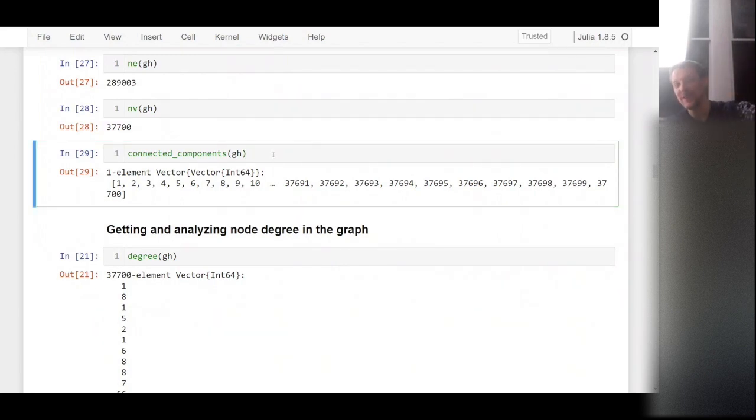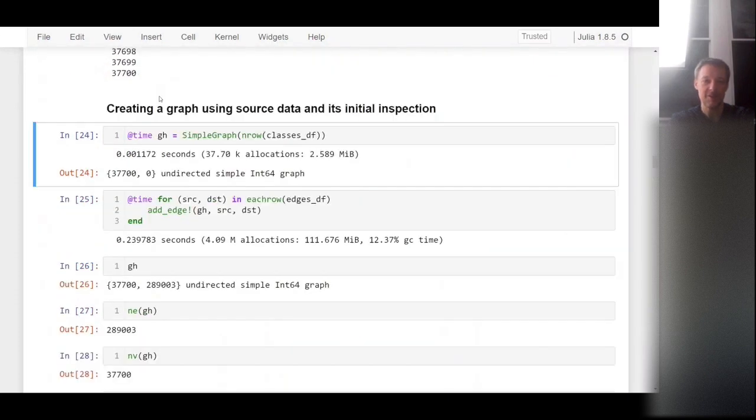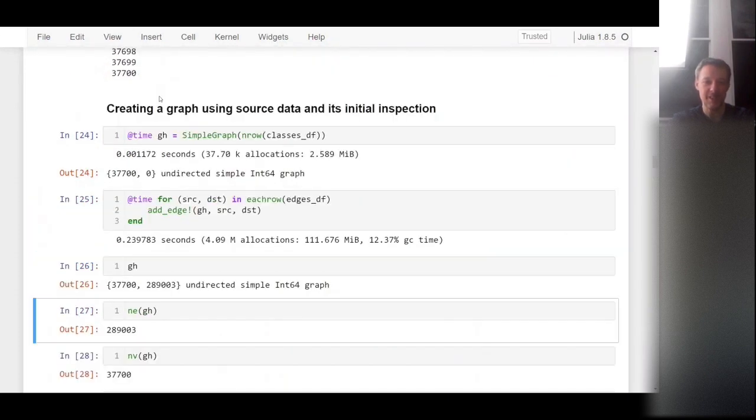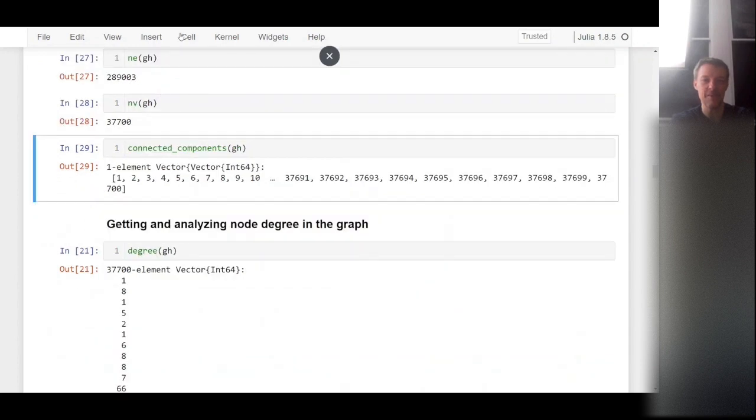I started a very long operation. It took longer than I expected because my computer is doing a lot of other things now, so I just restarted the kernel. A nice thing about the notebook is that now I can run everything up to this point.